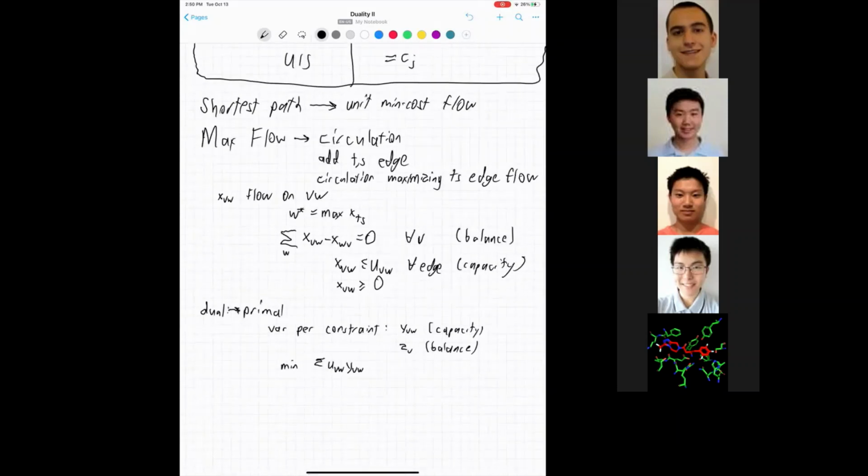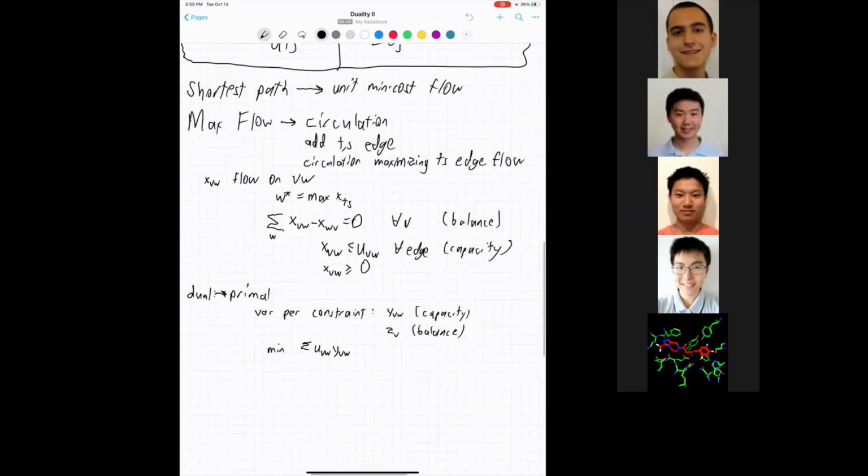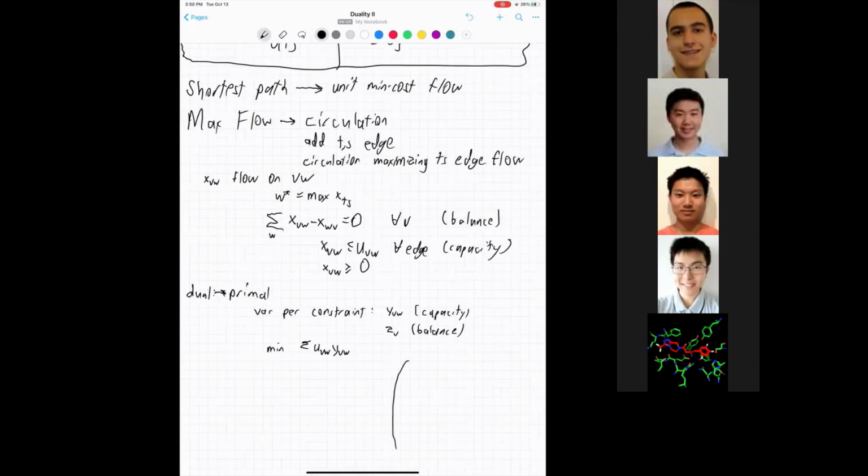Okay. Now we need to talk about the constraints. Now, to think about the constraints, you need to think about the constraint matrix, right? Because essentially taking the dual means transposing the constraint matrix, right? In the first linear program, if we think about multiplying with the vector on the right, each constraint corresponds to a row, right?